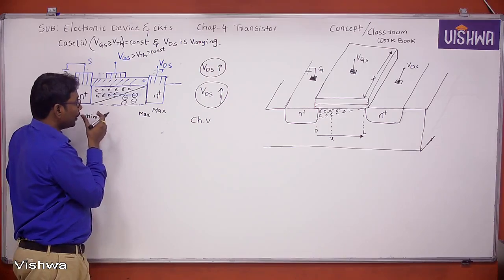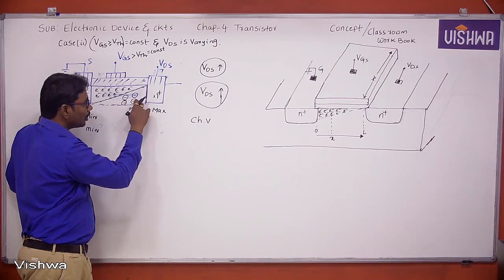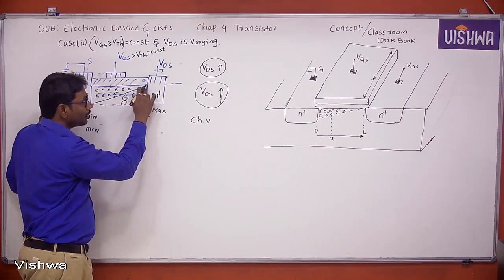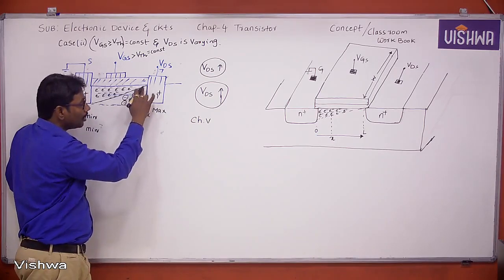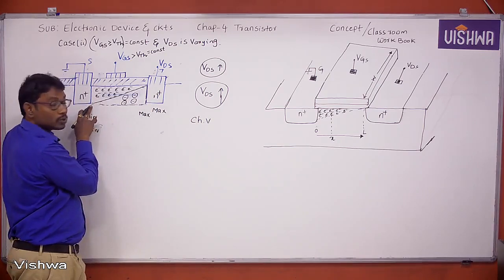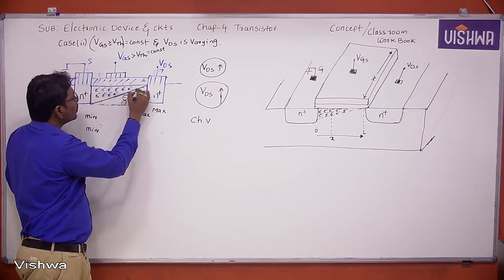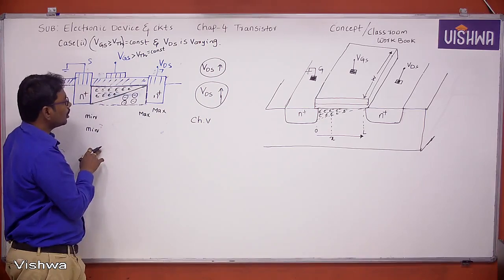Sorry, the channel is minimum at the drain end and maximum at the source end. As a result, the channel is in wedge shape or tapered shape.